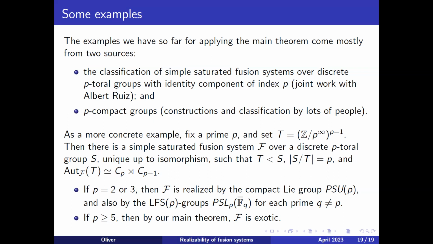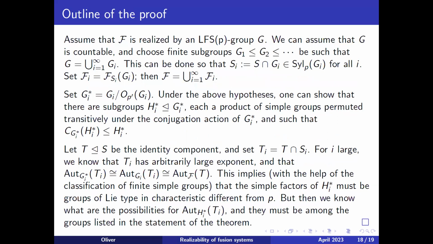No, because they're all based on the classification. The key step is that you reduce it to this finite subsystem, assuming that F is realized by G, then you know that you've got this F sub i realized by G sub i or by G sub i star.